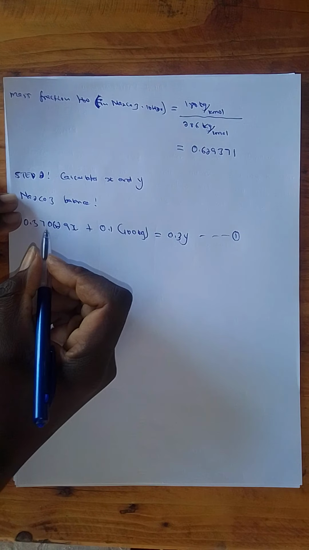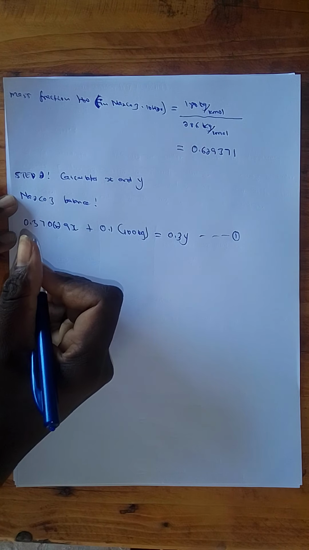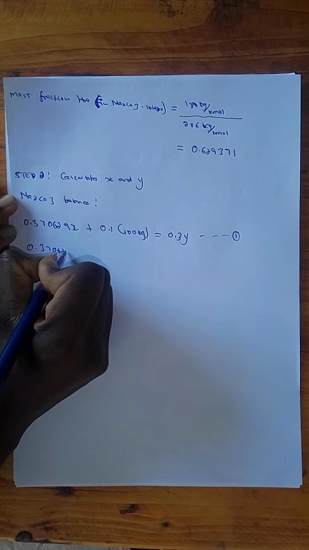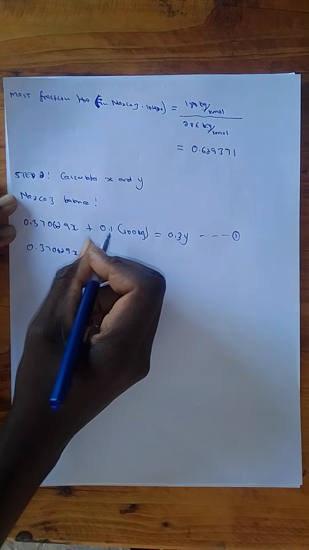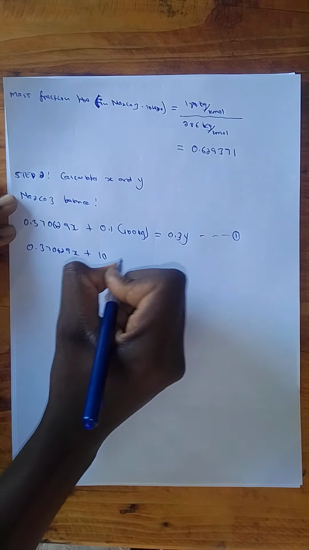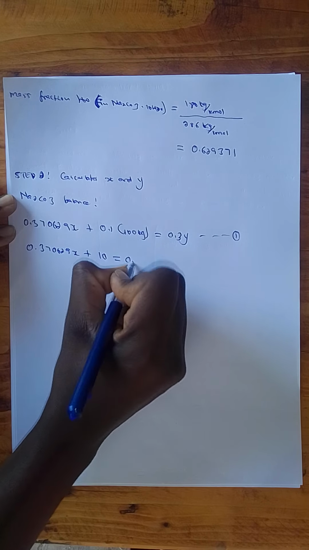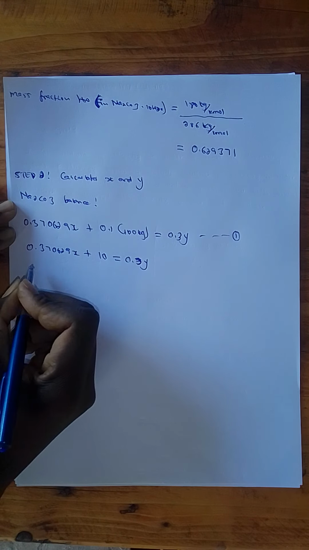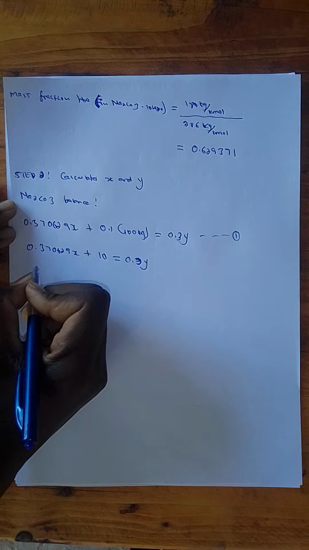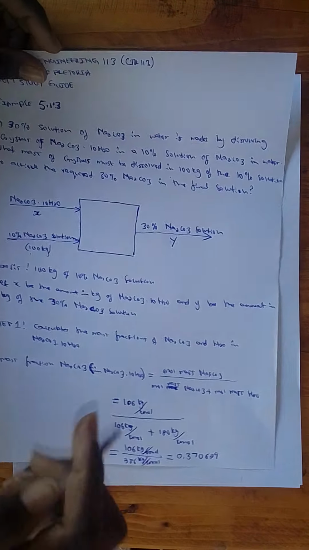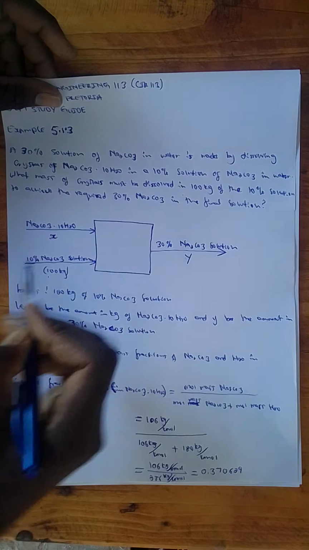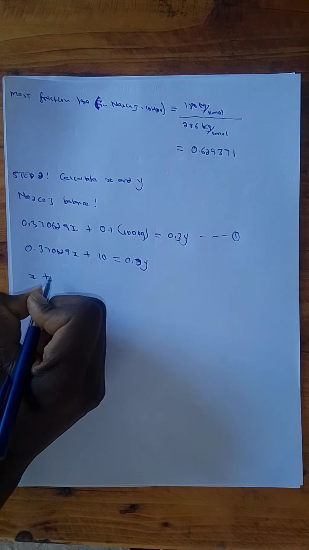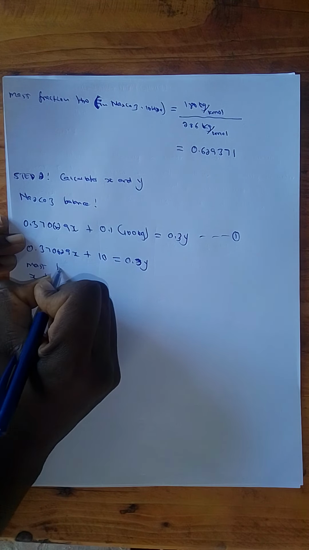And now we can also simplify the equation to say 0.37062x plus 10, because when you simplify this, it equals 0.3y. Now after that, we're going to do the mass balance of the whole system.